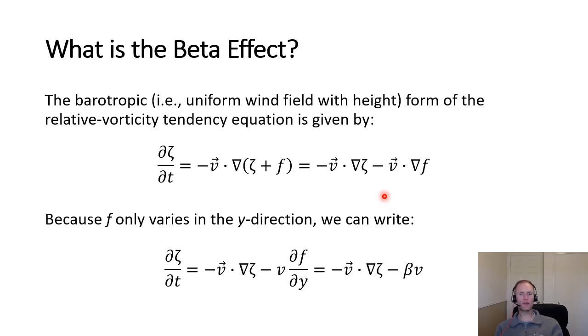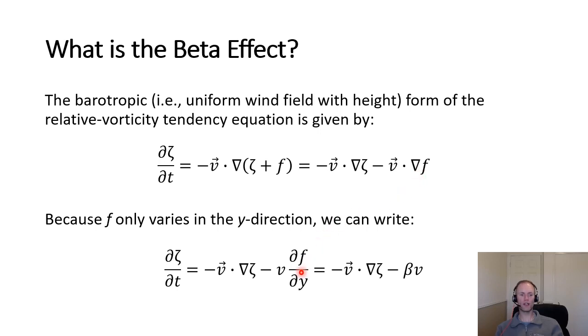However, the Coriolis parameter only varies in the y direction. And so consequently, it's only that minus v partial f partial y term that is retained from expanding this advection term. The partial f partial x and partial f partial whatever your vertical coordinate is, z or p, go away.